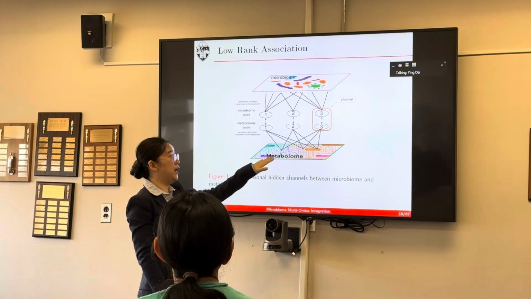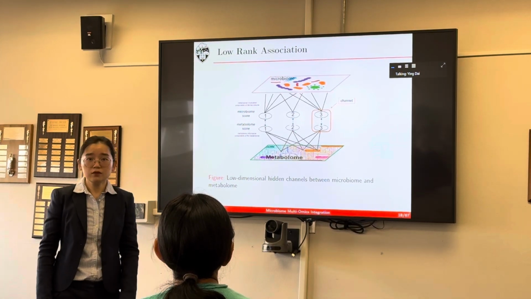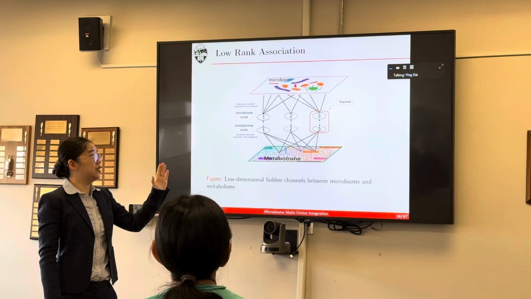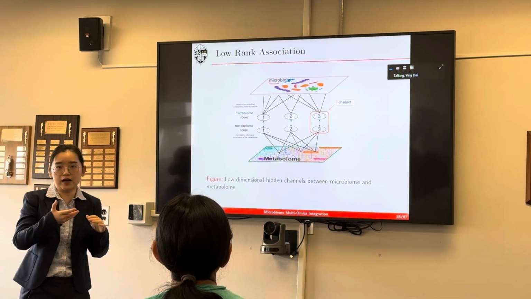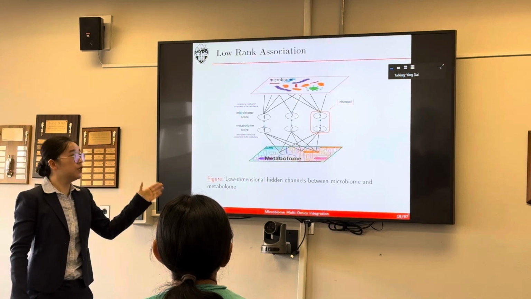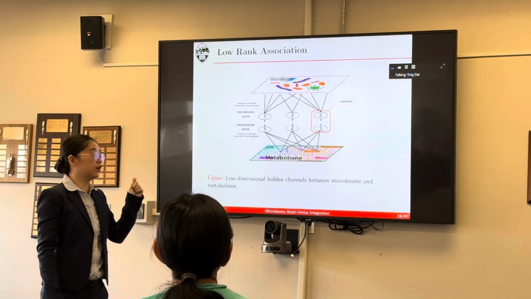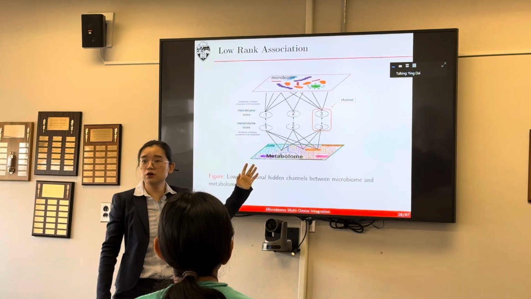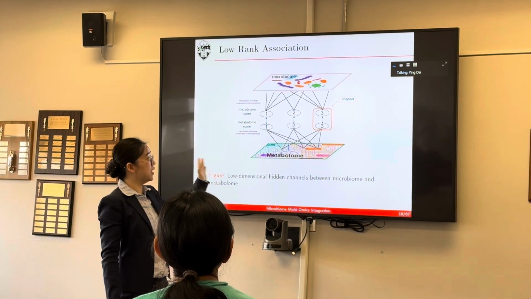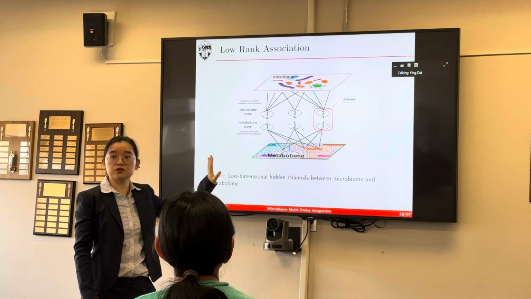Each pair is a channel, and we believe these are the main channels through which these two data types interact with each other. By penalizing on rank, we're giving the assumption that the number of these channels is limited. In this case, we only have 3 important channels in this graph.